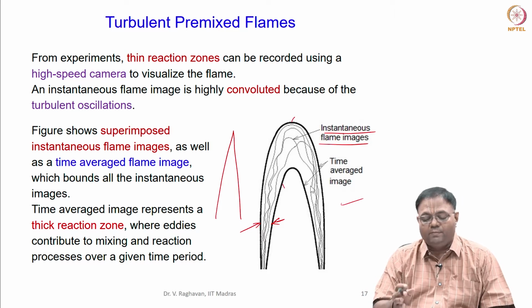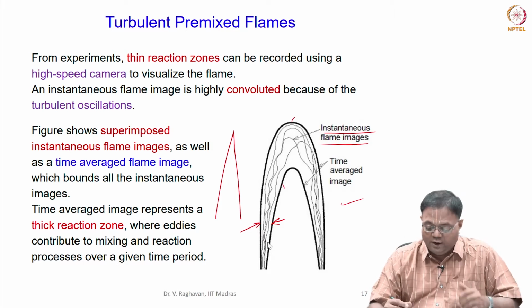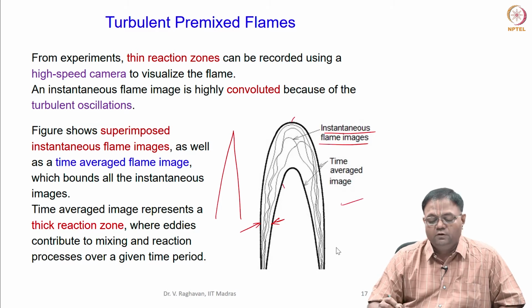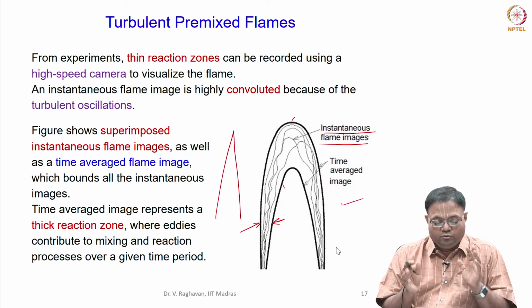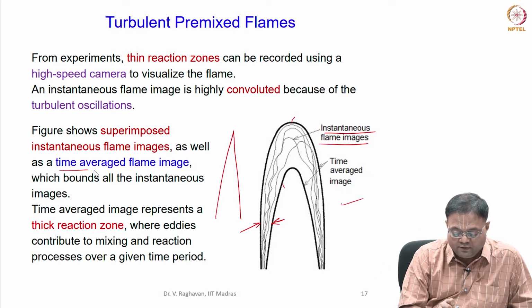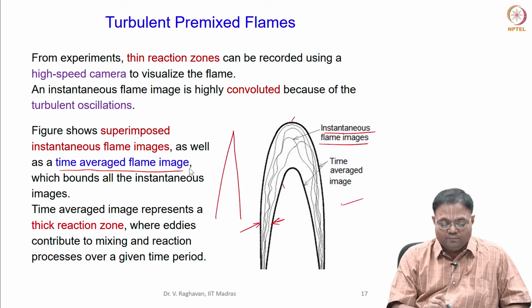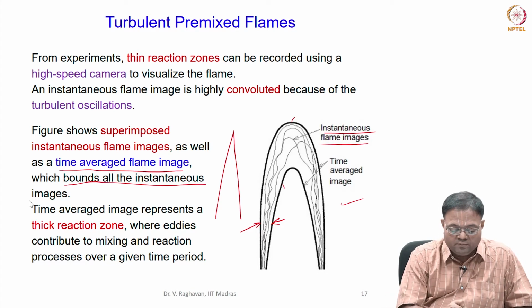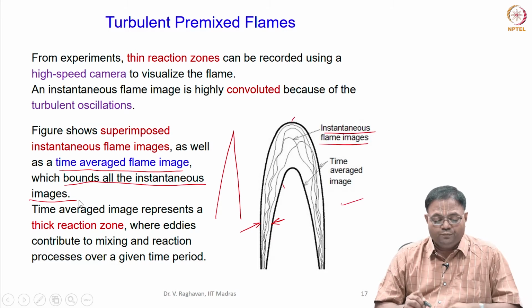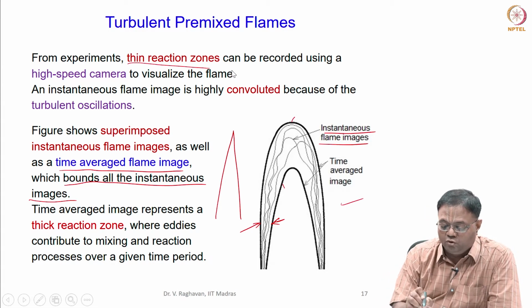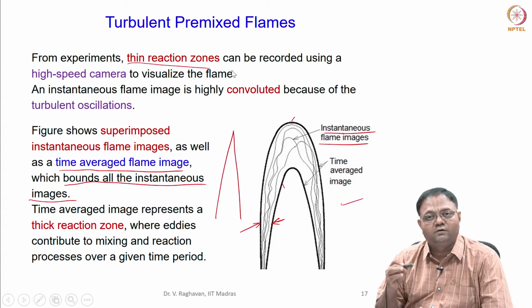When these flame images are time averaged, you get this thick flame. So this thick flame is nothing but the time average flame image, and that bounds all the instantaneous images.